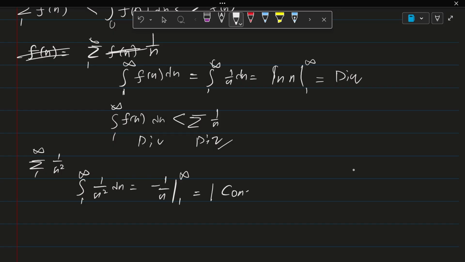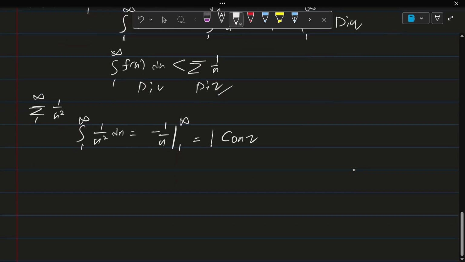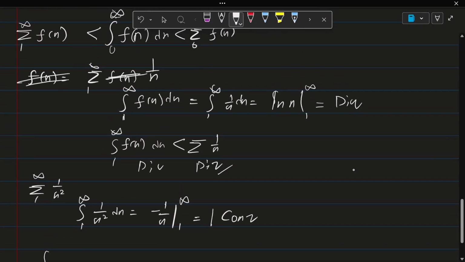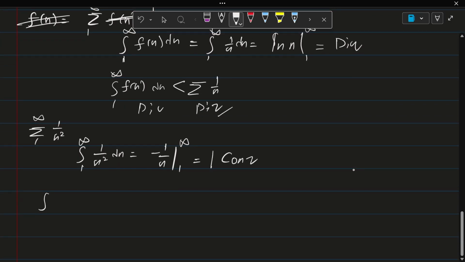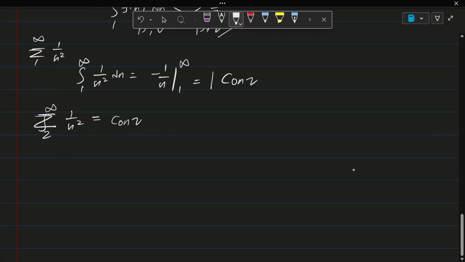So this is convergent, meaning that you could actually get the sum from 2 to infinity of 1 over n squared to be convergent as well. But what we want to figure out is the sum from 1 to infinity.